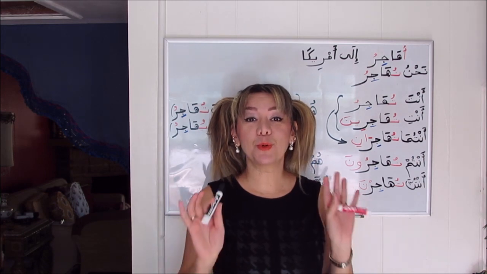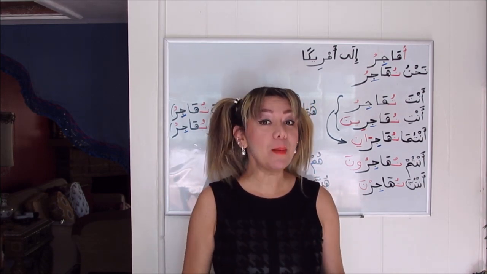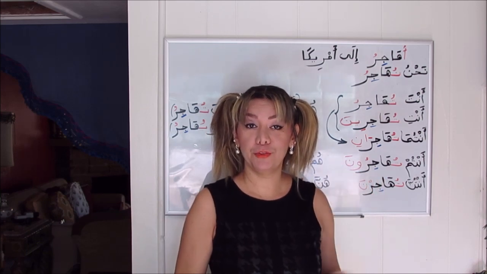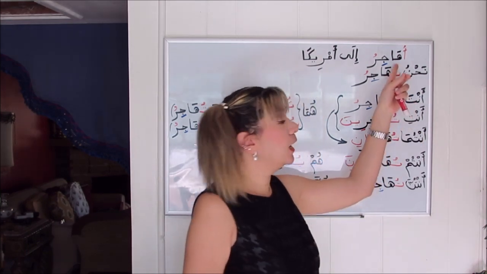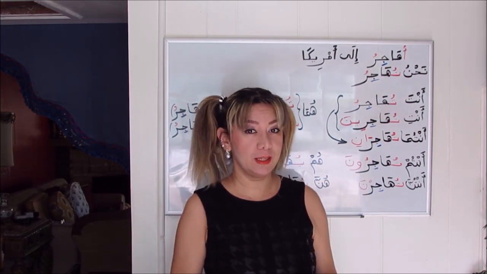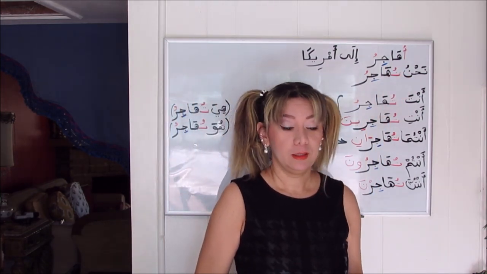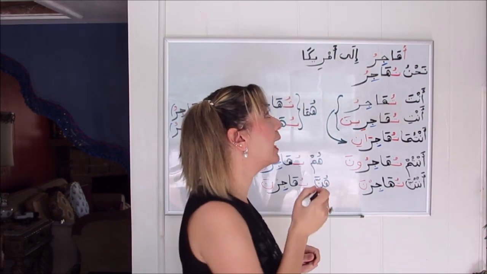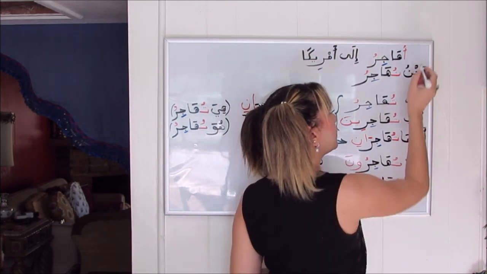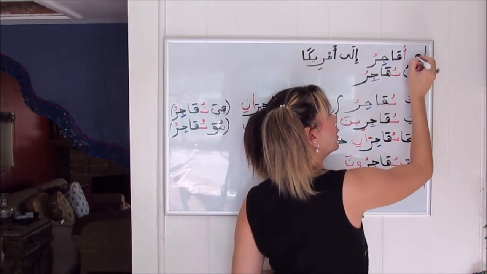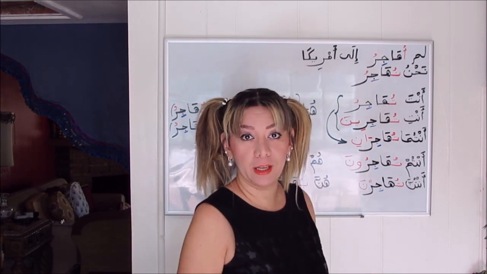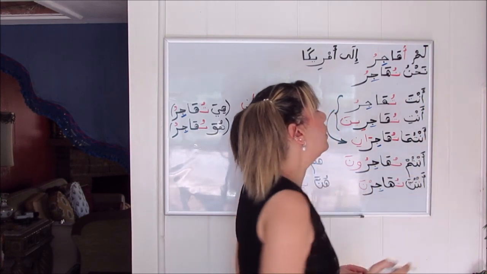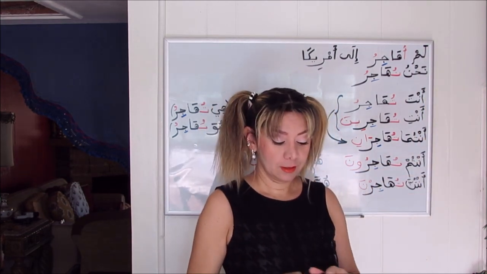Now it's time to introduce the particle lam to the family of the conjugated verb هاجر. أنا أهاجر إلى أمريكا. As we said, I'm immigrating to America. If we want to deny this statement, we would use one of the particles of negation in Arabic, which is lam. لم أهاجر.